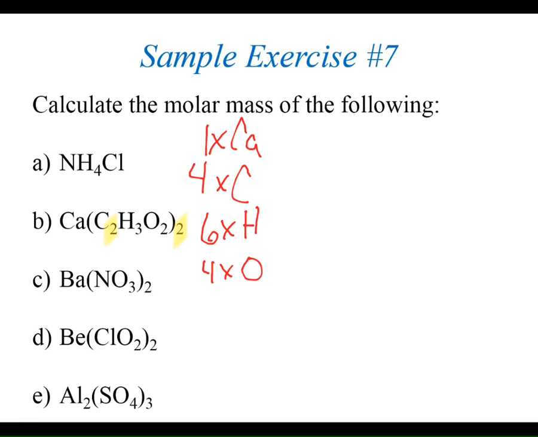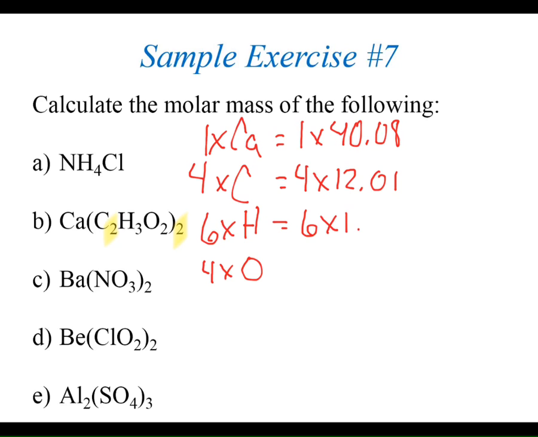So add these all up. So 1 times the mass of calcium which I think is 40.08. 4 times carbon, which is 12.01. 6 times each hydrogen, 1.01. 4 times each oxygen, 16.00, right?